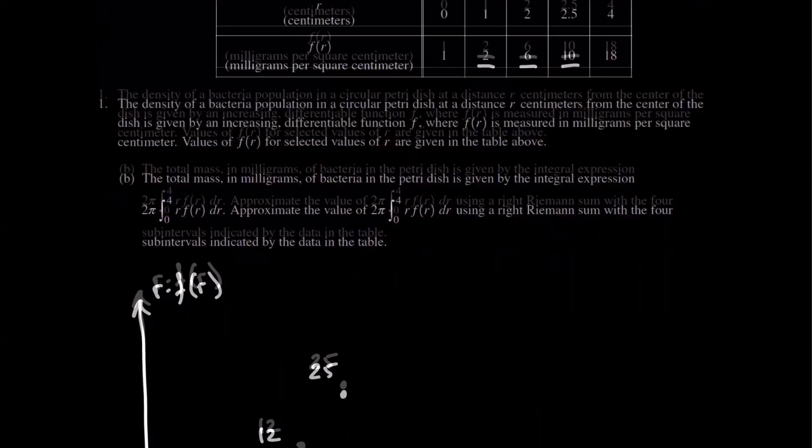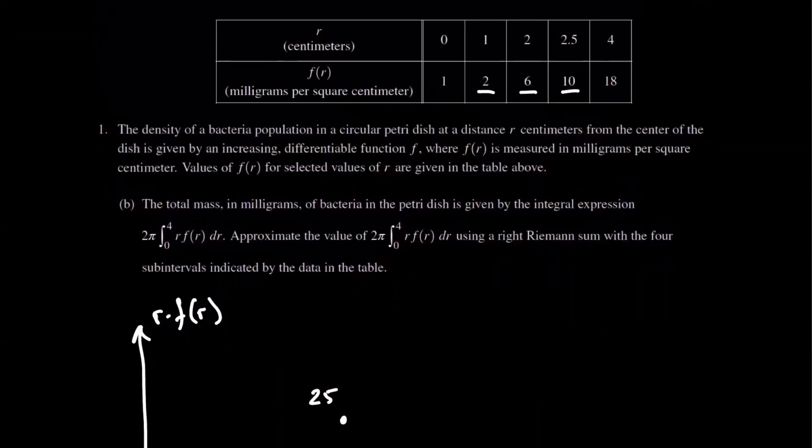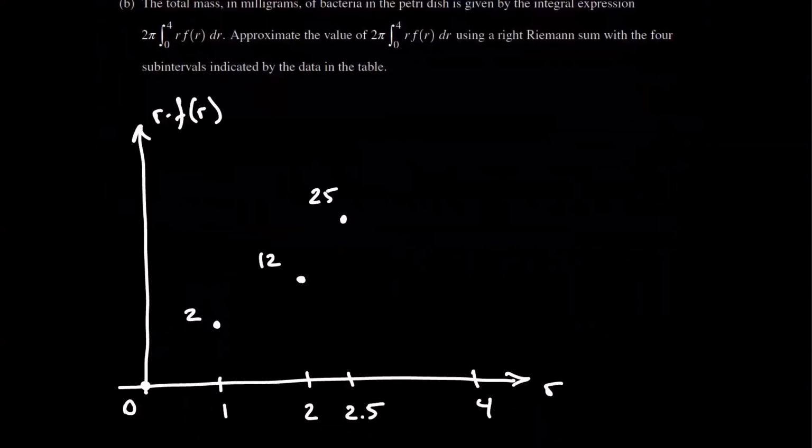And then f of 4, which is 18, times 4, is equal to 72. So this point here is 72. And so we need to approximate this integral times 2 pi by the right Riemann sum.